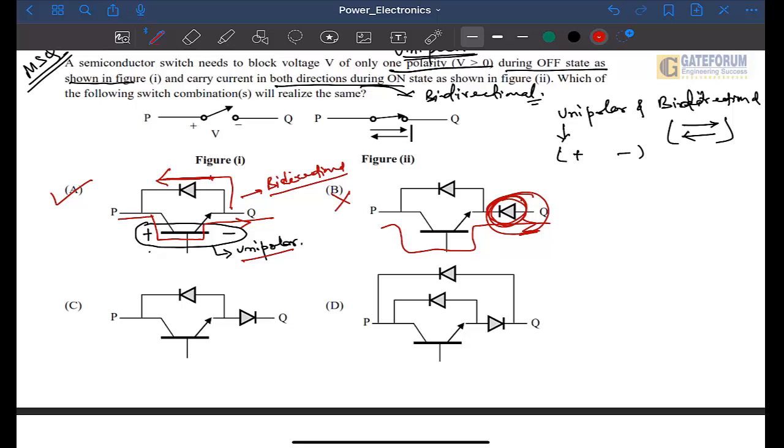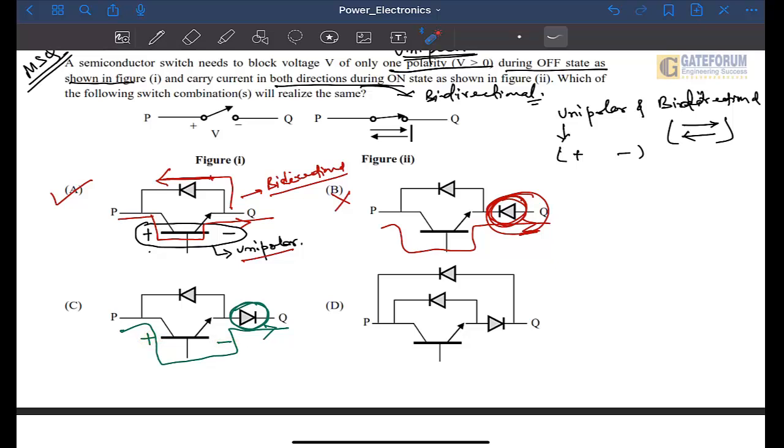Let's check option C. The BJT will block this voltage, and this diode will help current flow from P towards the Q point. So this current direction will be correct and the polarity will be blocked in this way.